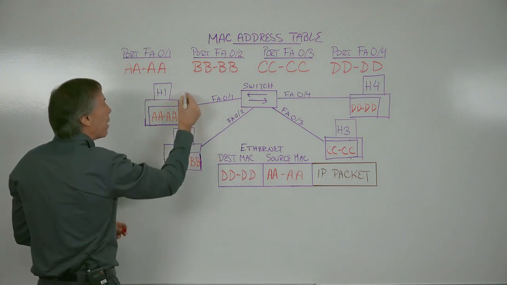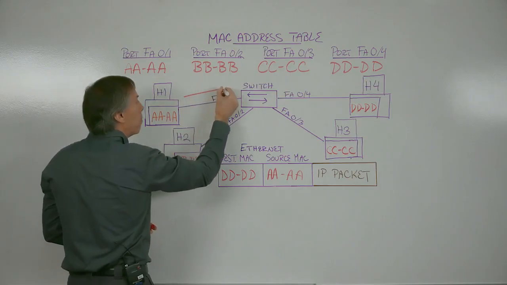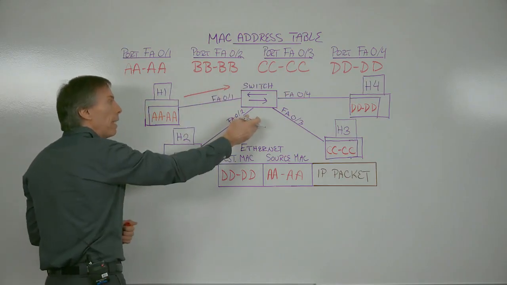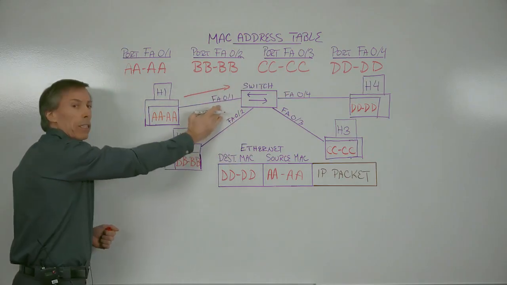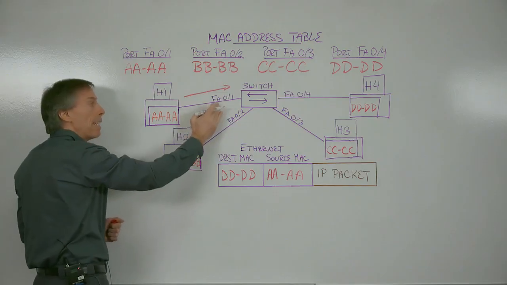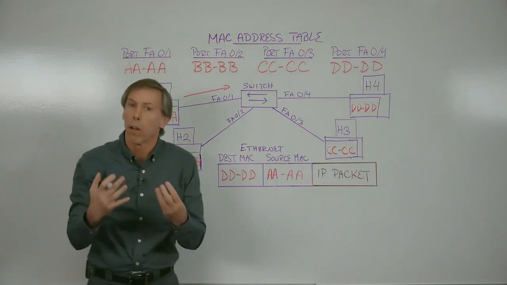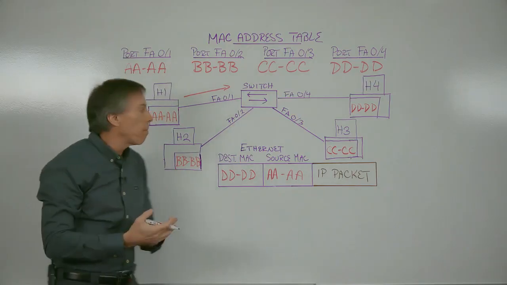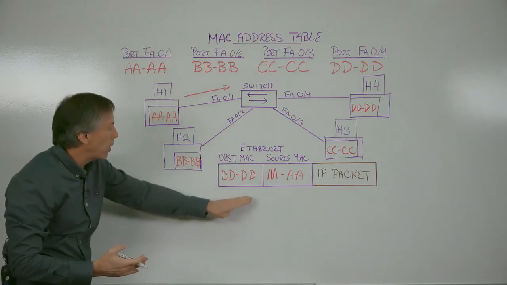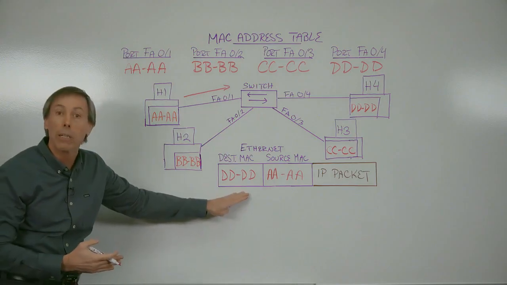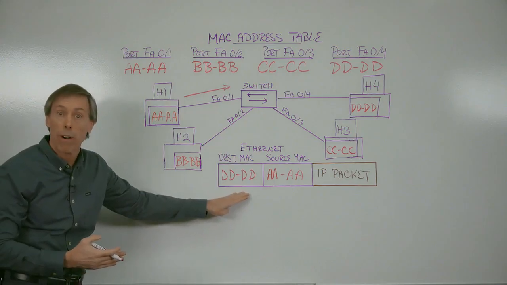So this Ethernet frame gets forwarded by H1 and is received on the switch on its Ethernet port, Fast Ethernet 01. The switch, we're going to learn later how it builds this table, but to forward the information, it looks at the destination MAC address of the Ethernet frame.